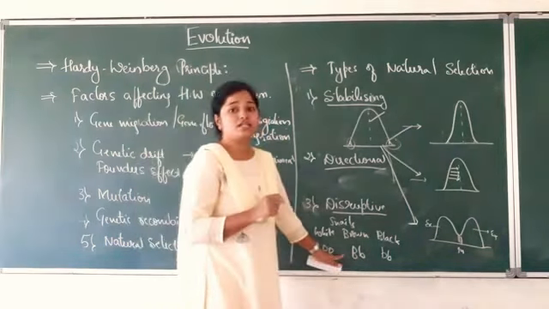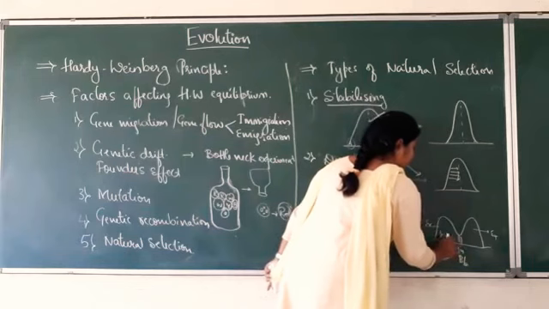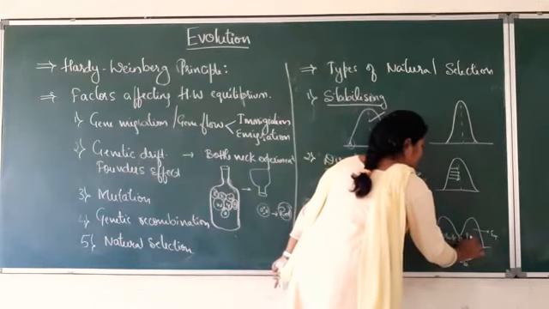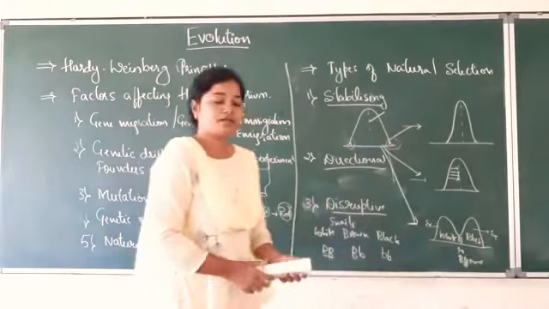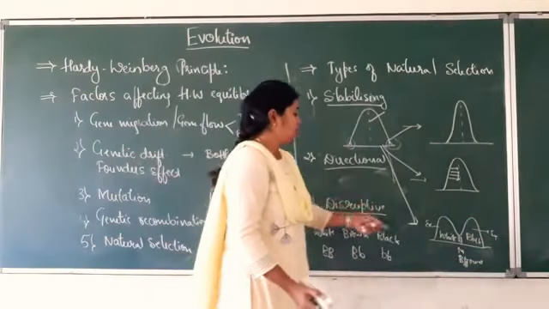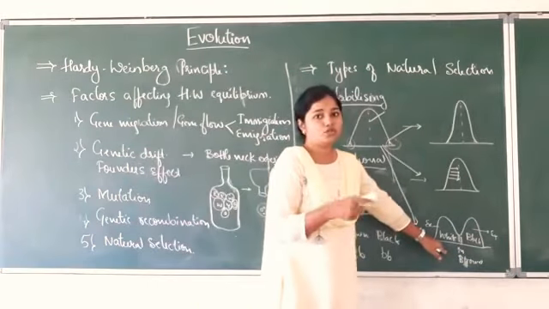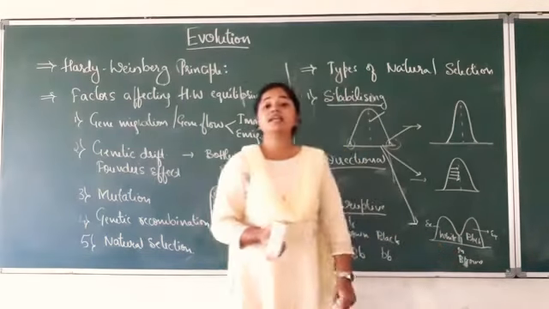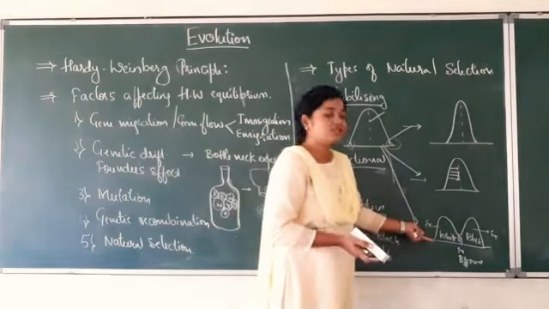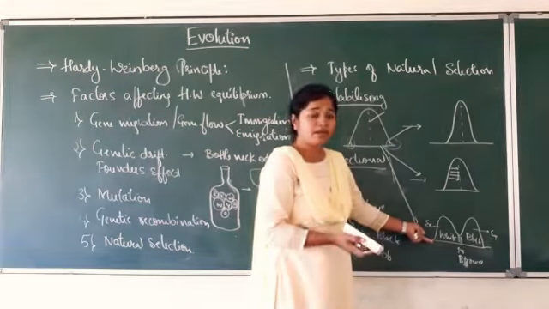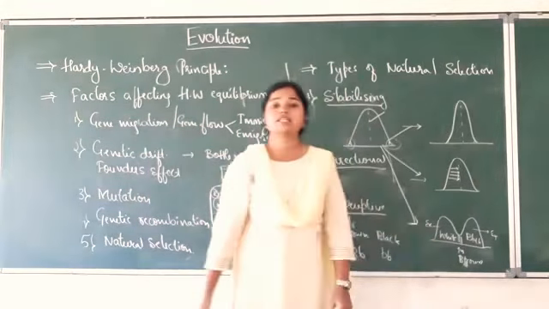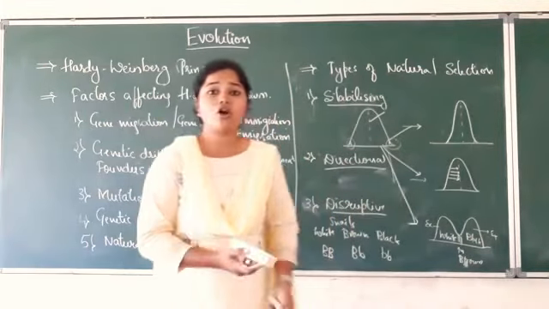Here in this one, this is an intermediate. This is a white snail and this is a black snail, and here are the brown snails, right? This is the intermediate. Here the intermediate one is going to get reduced in numbers as they are easily identified by the predators, whereas the white snails are going to get camouflaged with the sand bed which is white in color, and the black snails are going to get camouflaged with the rock color which is black.